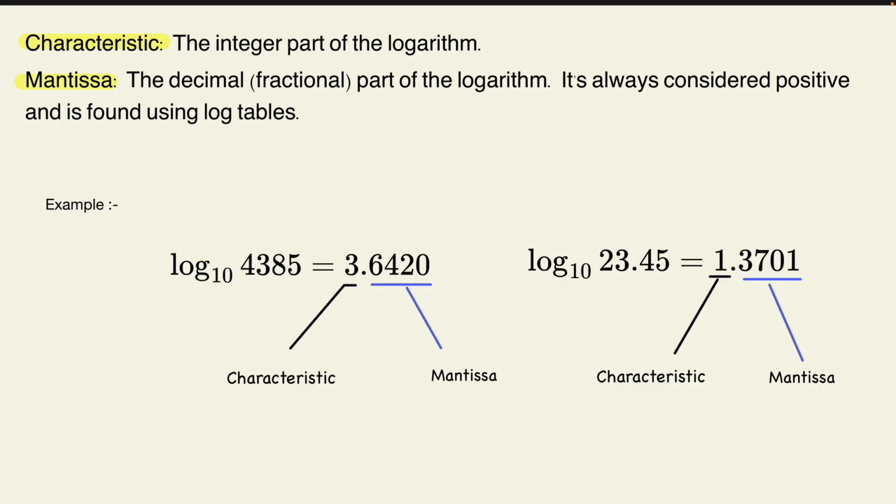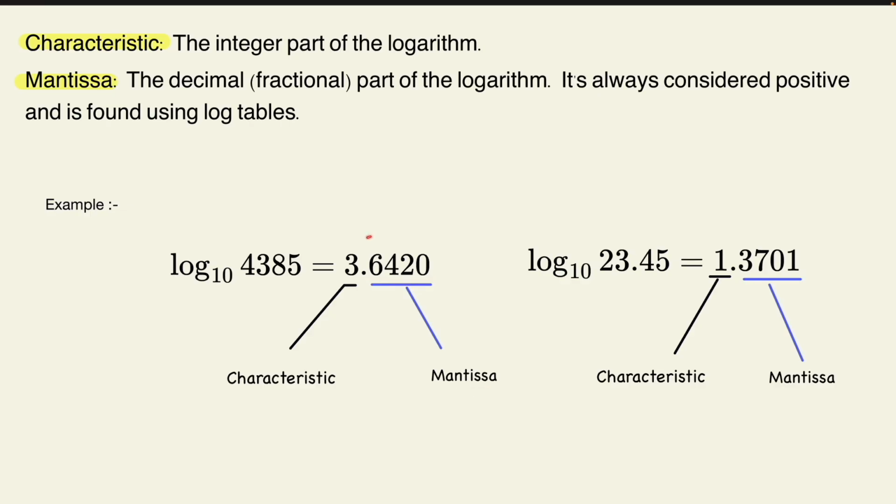As you see here, this is log 10 of 4386. Its log value is 3.6420. Before the decimal, on the left side of the decimal, we have the number 3. This 3 is the characteristic. And the remaining decimal part, 0.6420, is the mantissa.